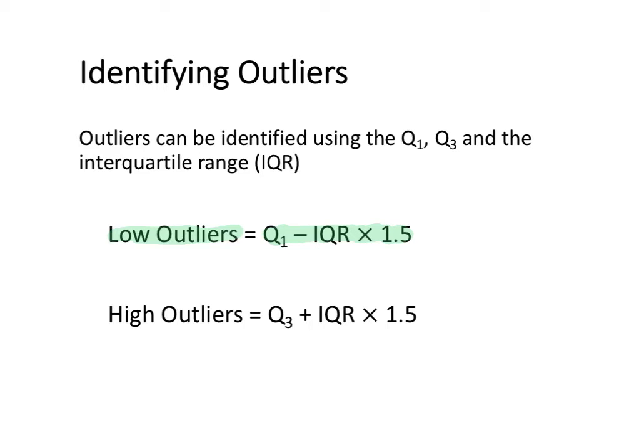And to calculate high outliers, you use the formula quartile 3 plus the interquartile range times 1.5. Now, if you have any numbers that fall outside of those calculations, then they can be considered outliers within your dataset. So let's have a look at an example of how to identify an outlier.